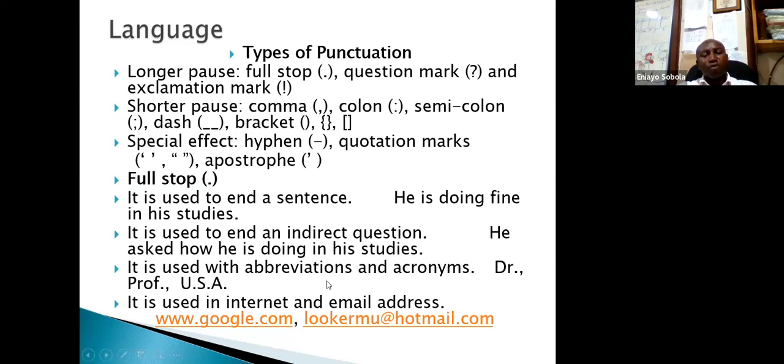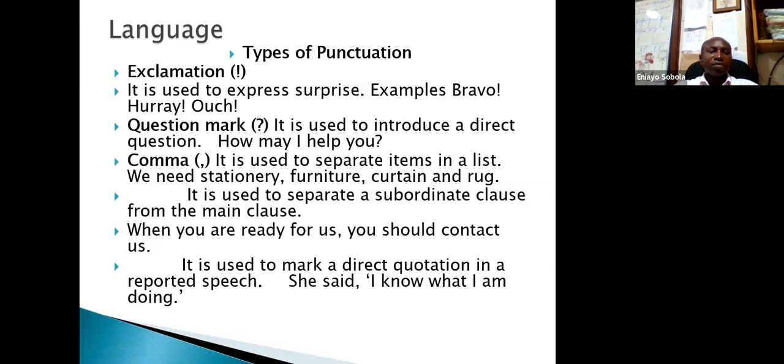And moreover, this so-called full stop or dot is used in internet and email addresses. Here we have www dot google.com. Look at hotmail.com. You see it is there. It's part of internet writing.